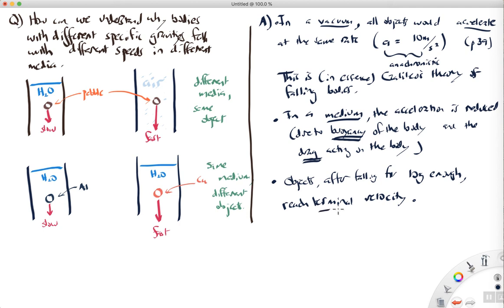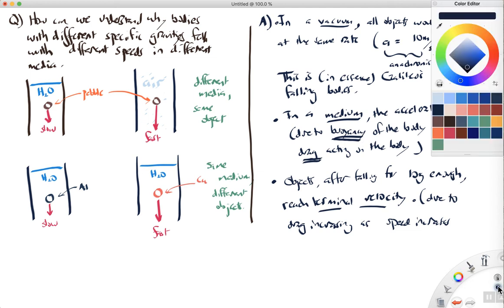That is called the terminal velocity, and I'll say more about that in a little bit, but I think it's good to just alert you to that right now. Okay, now the terminal velocity, and again, this is due to drag increasing with speed as the speed increases. We'll come back to this later, but right now I want to focus on buoyancy.